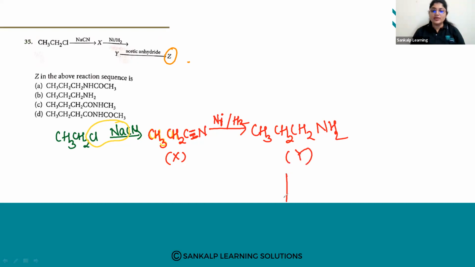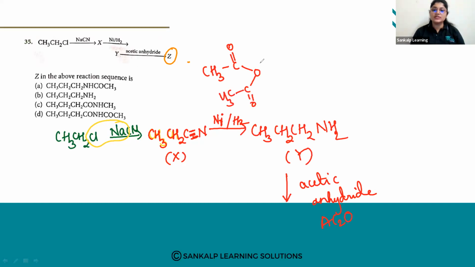Further, we are going to add acetic anhydride. What is acetic anhydride? Ac2O. What is the structure of Ac2O? CH3, C double bond O, O, then C double bond O, CH3. This is the structure of acetic anhydride.